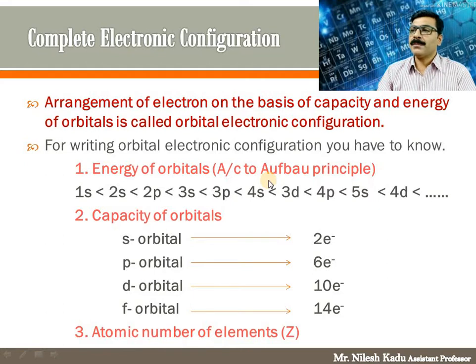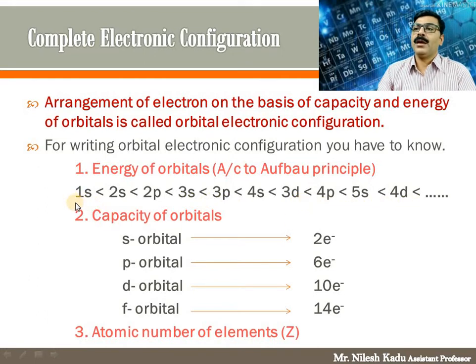And the Aufbau principle states that the orbitals are filled in increasing order of their energy. Means first you have to fill up the lower energy orbital, then higher energy orbital, then again higher energy orbital. Means you have to fill up the electrons in orbitals from lower energy to higher energy.